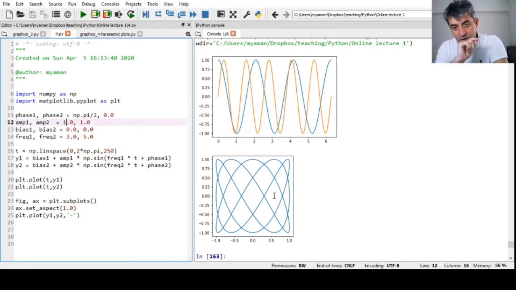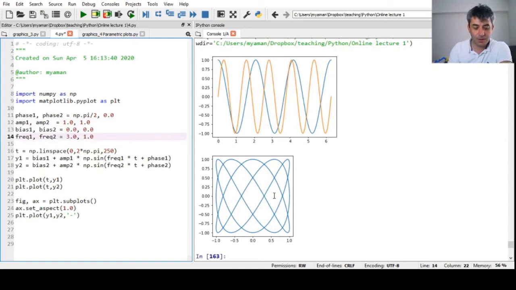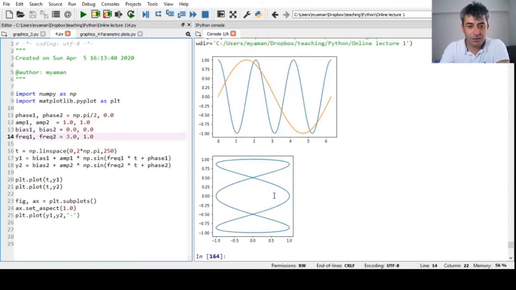So different frequencies give rise to a complex phase plot in the second representation, so making them back to 1 and then 1 here.